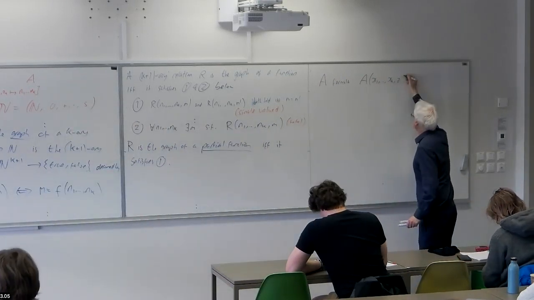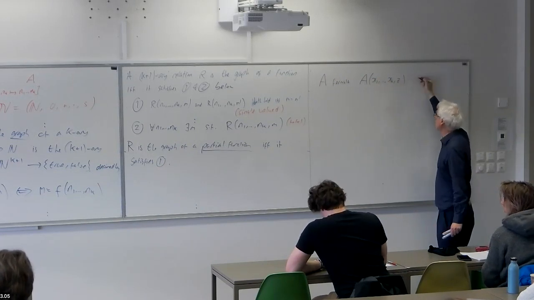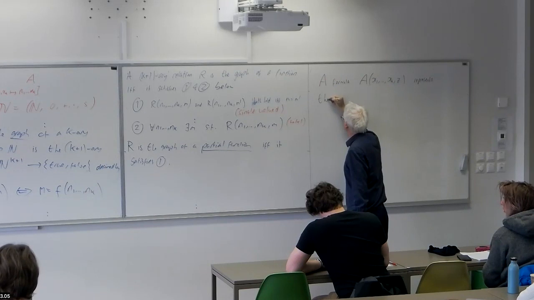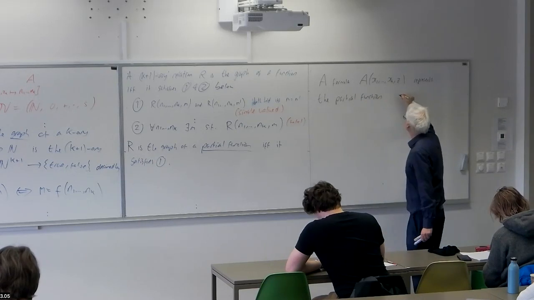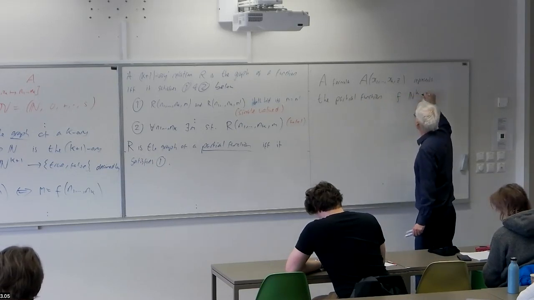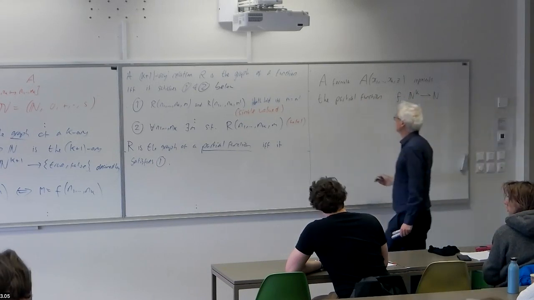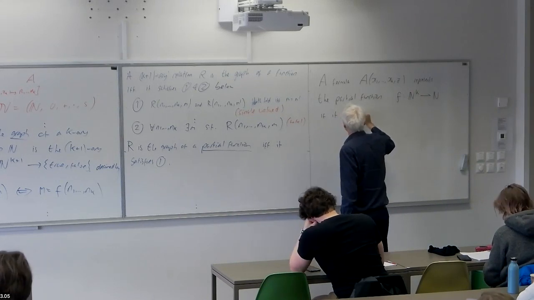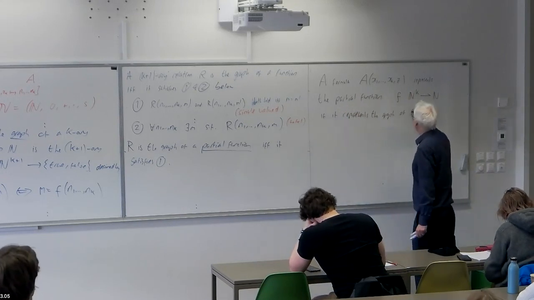So this is a formula with at most k plus 1 free variables, x1 through to xk and z, and it represents the partial function from N^k to N. I use this partial arrow to say that a function might be partial. So if it represents the graph of the function.